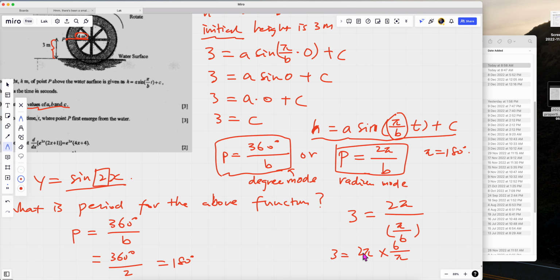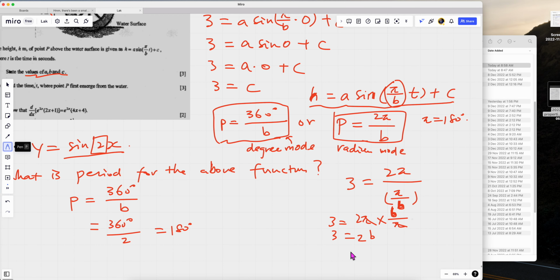Oh, this is b and this is not 6. So this is the letter b. So pi is gone already. So it's 3 is equal to 2b, so your b is equal to 1.5.